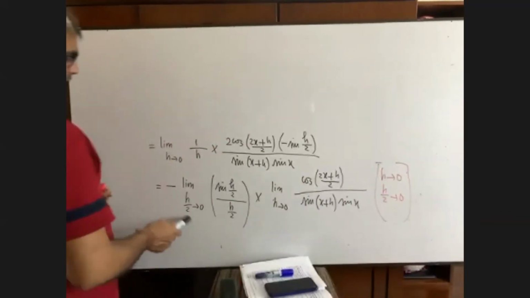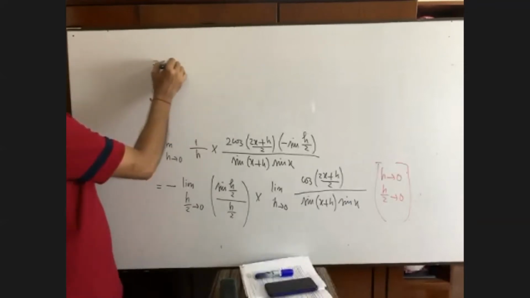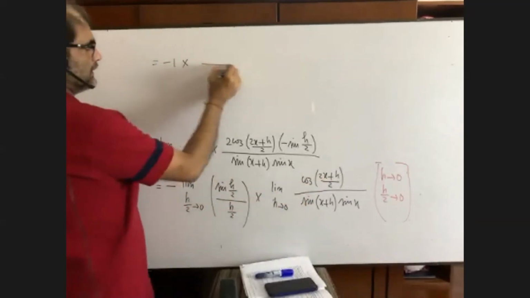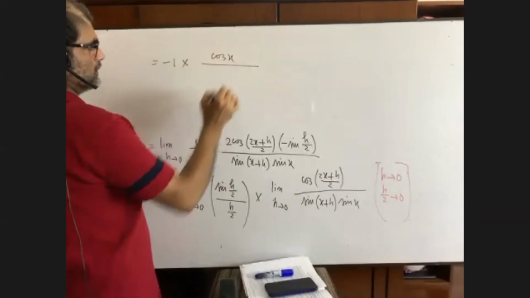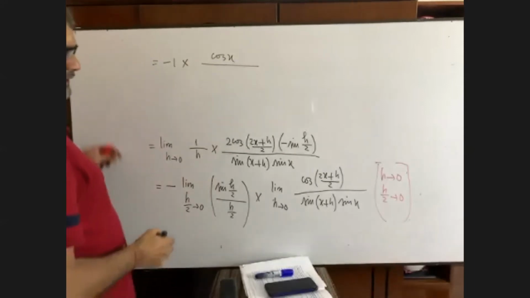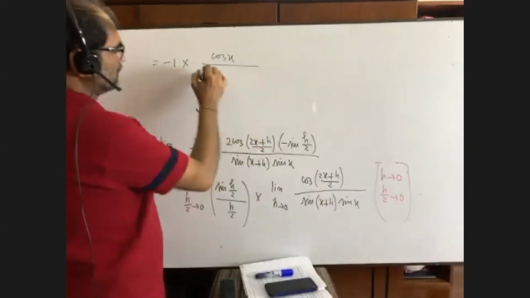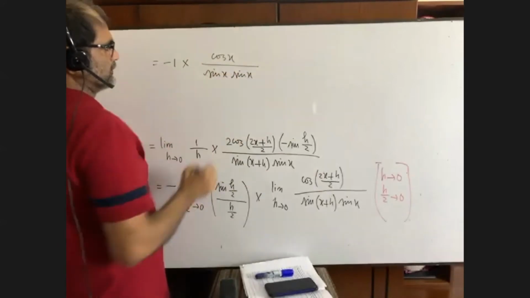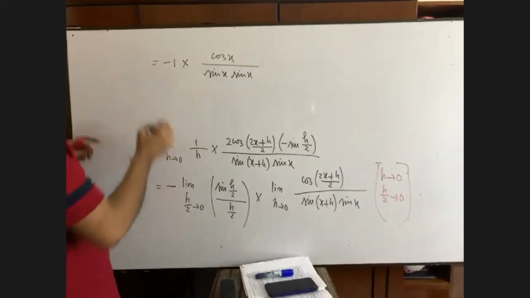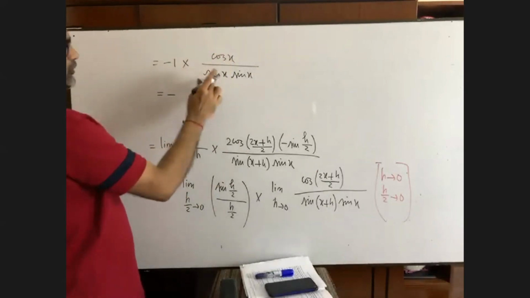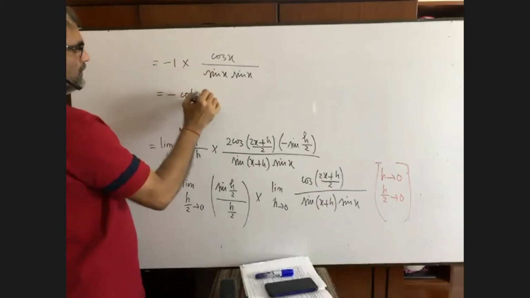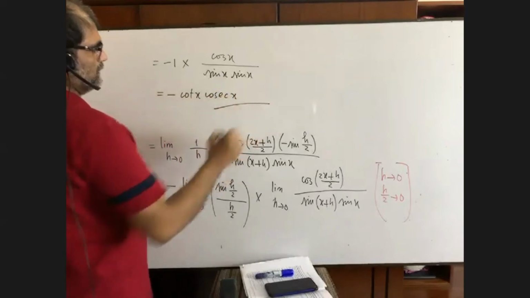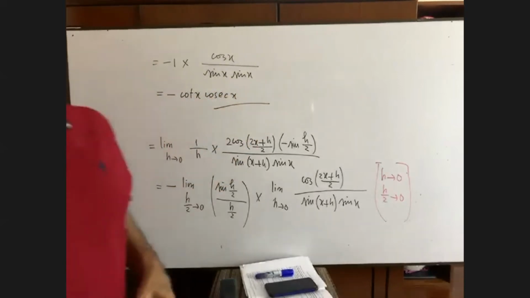Now we get its value as minus 1 into, putting h equals 0, cosine x in the numerator and sine x into sine x in the denominator. That means minus cos x by sine x, which is cot x, into 1 by sine x, that is cosec x. We have got the answer.